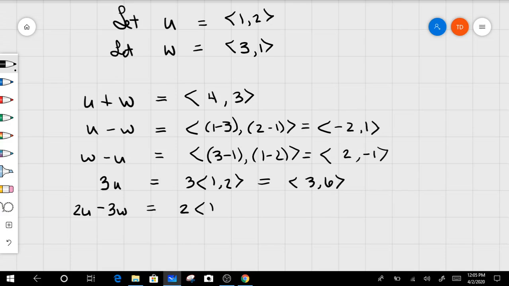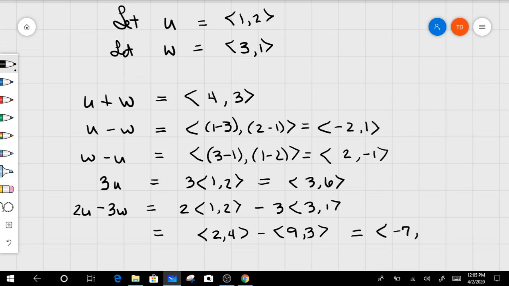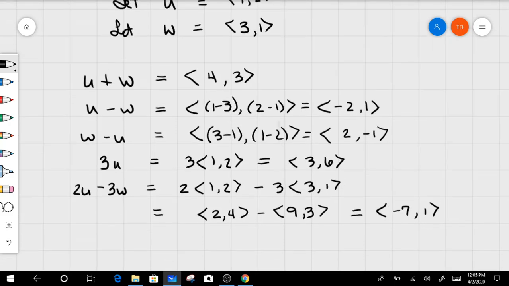So 2 times component form 1, 2 minus 3 times 3, 1. That would be 2, 4 minus 9, 3. And the result of that is negative 7, 1. That's vector operations. Great. Let's talk about linear combinations.